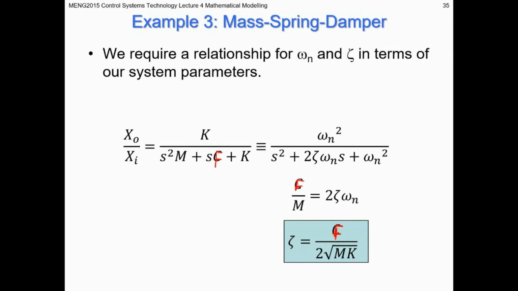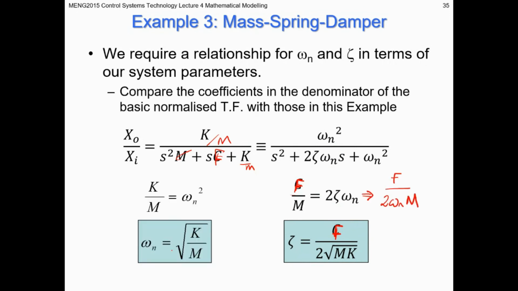So if F upon M equals 2 zeta omega n, and omega n is root k upon m, that's how we get our F upon 2 root km.